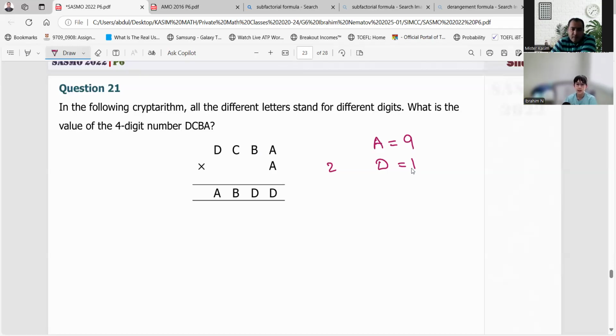After that you can use that: 9 times B equals something ending with 1. Then you can solve for that. But is it ABDD or ABCD? Let me just check.